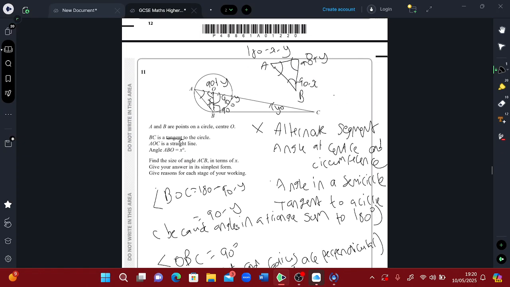Because if you consider the big triangle, this is ABC. That's x plus 90. That's going to be y. So therefore that should be 180 minus this. That's going to be 90 minus x minus y, because they all sum to 180.